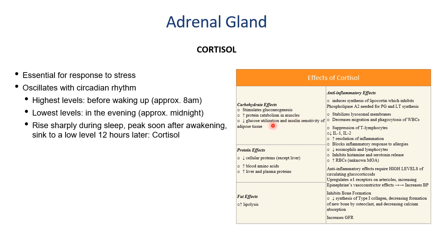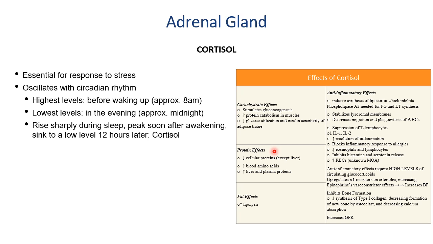The effect of cortisol on insulin resistance would be as follows. It decreases glucose utilization and insulin sensitivity of adipose tissue. So in essence, it opposes the activity of insulin by preventing insulin activity on its receptor.